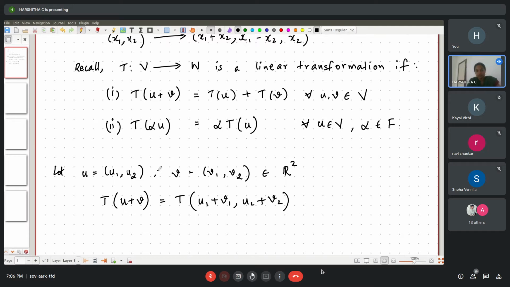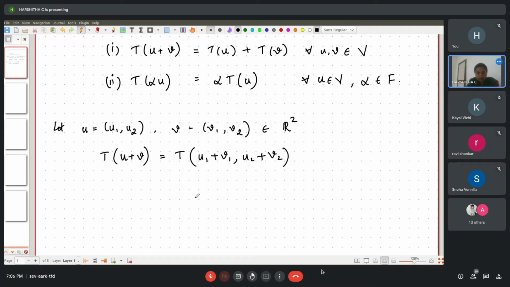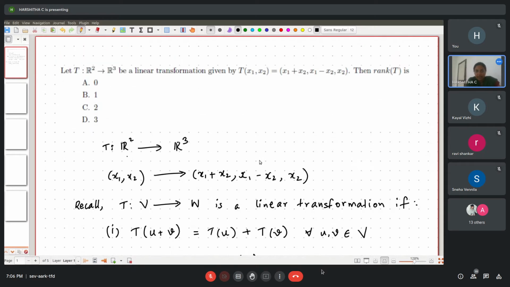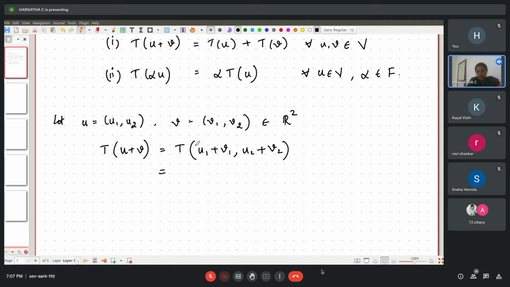What is the map given by x1, x2 goes to x1 plus x2, x1 minus x2, x2. So here this whole thing is like a x1 and this whole thing is like a x2. So u1 plus v1 you can see as x1 and u2 plus v2 you can see as x2.